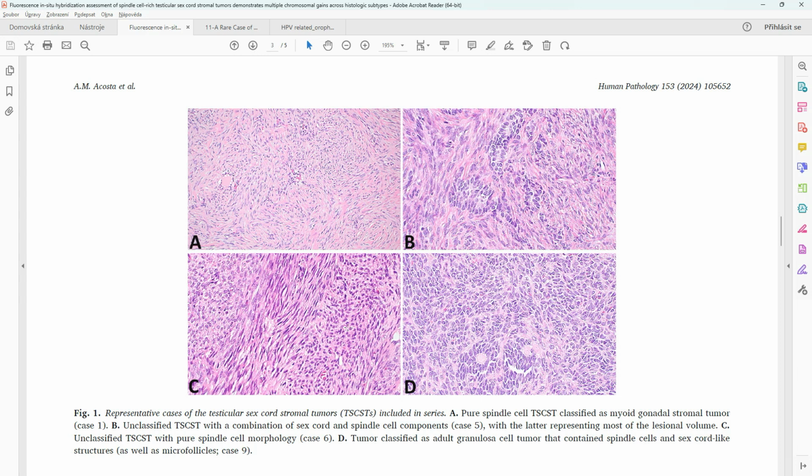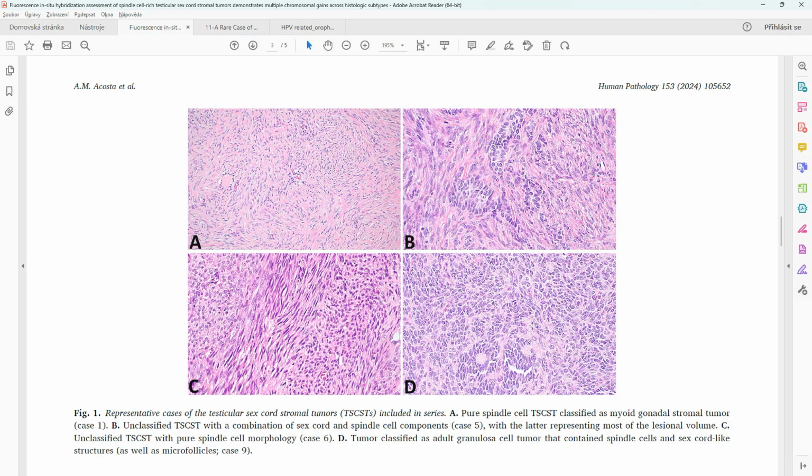Or these can be tumors which are unclassified. This tumor, for example, looks from this picture in my eyes like a gonadal stromal tumor, but it probably did not co-express S100 and actin S, and so it was an unclassified gonadal stromal tumor. This case was classified as adult granulosa cell tumor of the testis.